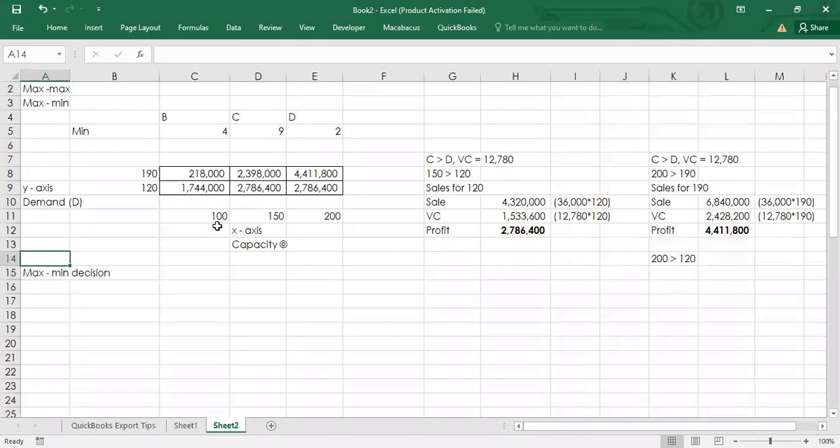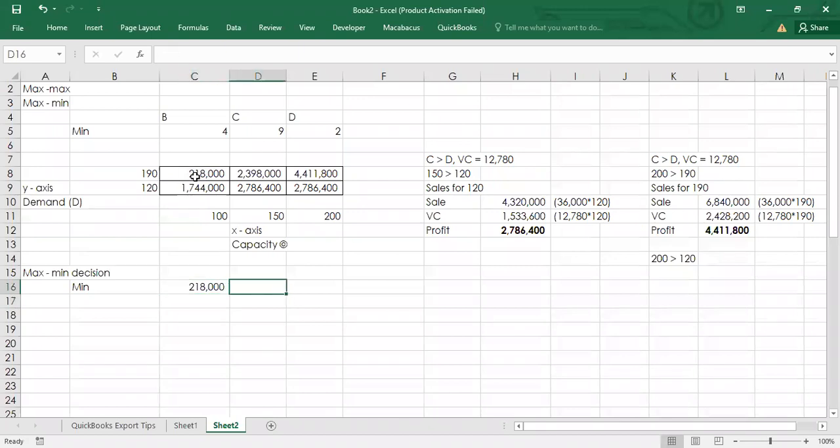Remember the goal is which van to buy, and therefore our basis is which van gives us the best profit. We look at it horizontally. So we know for sure that under 100, the minimum is this one here.